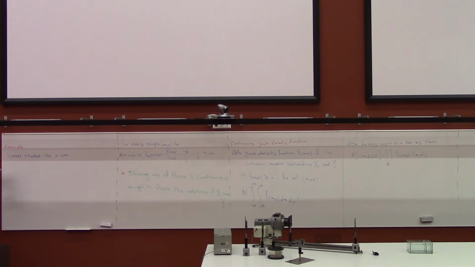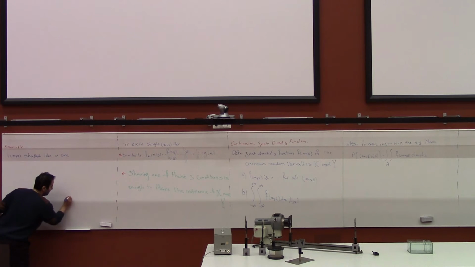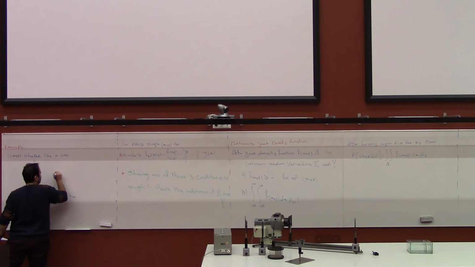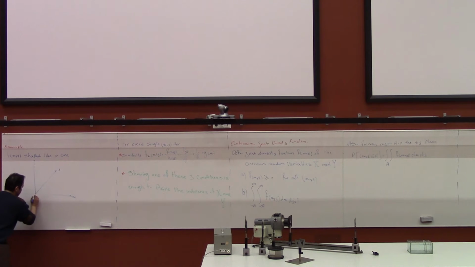When f(x,y) is shaped like a cone, we have a shape like this. If you consider this as a scale of x, okay, I think you draw the shape.